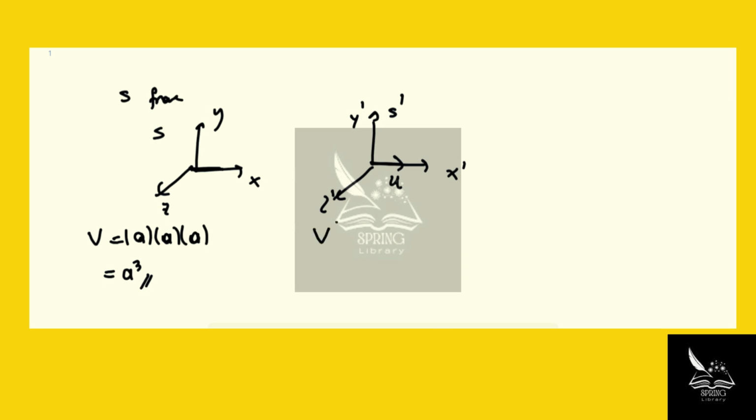So if we're writing the volume as it's seen in the S prime frame, we're going to put the length as it's seen along the x direction. So let's call it an L, and then y direction, still A, because the relative motion is not along the y direction, right? And times A along z direction. So these two are going to remain unchanged. However, the length in the x direction is going to be different.